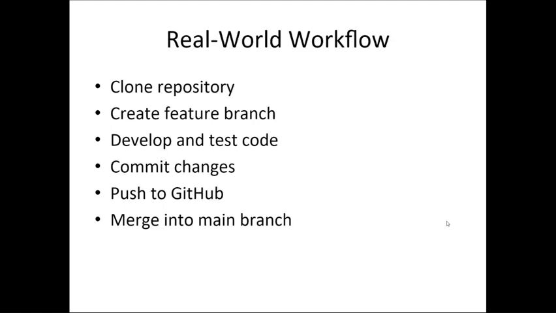So here's a real world workflow where you can clone a repository. That actually means to have a copy of that repository. You can either copy it out and put it in that project, or you can download that repo. You can create a feature branch, develop and test code, commit changes, push to GitHub, and merge into the main branch.